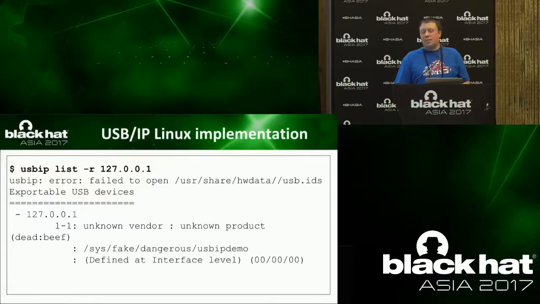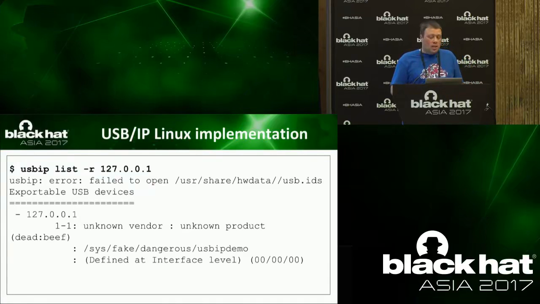So this is how it typically looks from the shell. We will focus here on the client side of operations because it's of particular interest today. Imagine you already configured a server to export one USB device, and from the client, you have the client USB IP utility, and you request a list of exportable devices from a particular server.